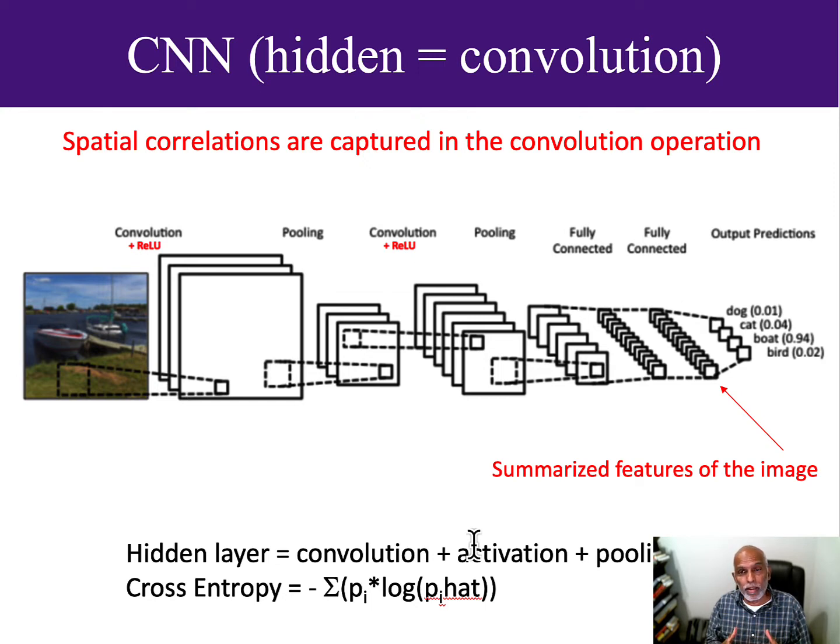Convolution is basically an inner product, and we use the inner product of the input values with the weights, then an activation function that gives you the output value, and then we do another transformation called pooling. Pooling means pooling the values and selecting some specific value. Usually it's called max pooling.